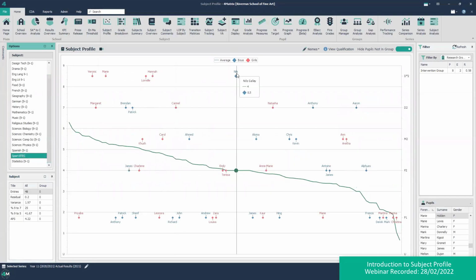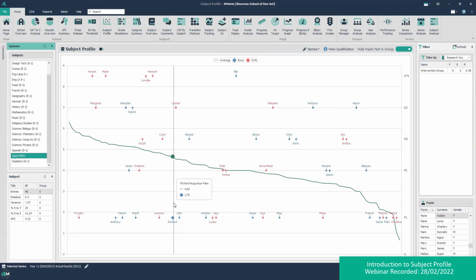So a lot of pupils achieving vastly better in Sport BTEC than what they're doing elsewhere, and a lot of pupils actually doing quite a lot worse. So the explanation for that could lie in exemplary teaching that we can learn from, or an area where students are dropping away from the levels of attainment that they can achieve in other subjects.